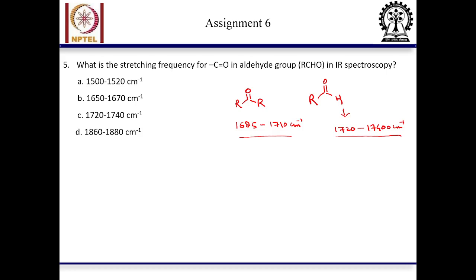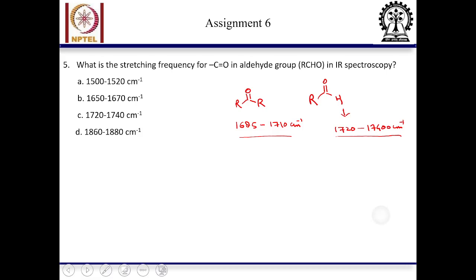This is how you have to see the IR spectra of any compound, and you have to rule out the other compounds. You have to see the particular frequency by which you can find out what the compound is. So basically this IR spectra is for the functional group detail.